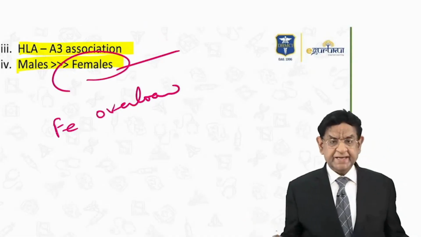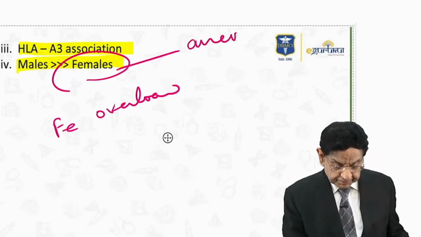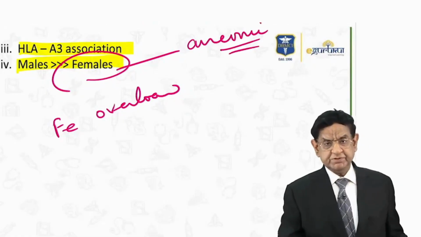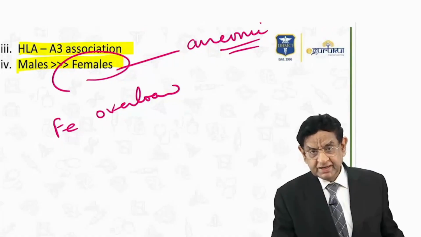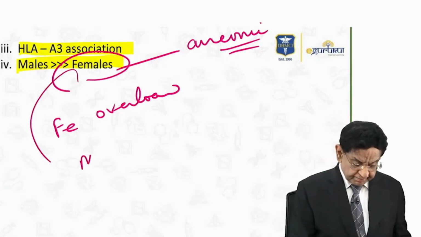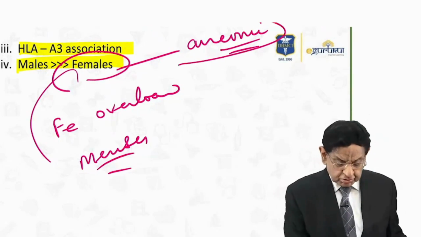Females by default are anemic. Around 80% of females are anemic, especially in the reproductive age group because of monthly menses. So they are losing blood and they are usually anemic.